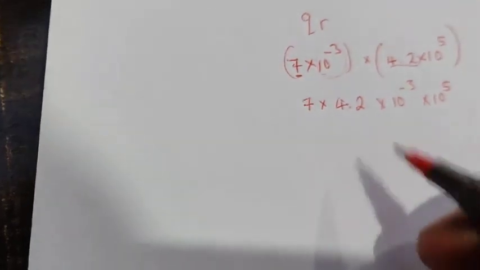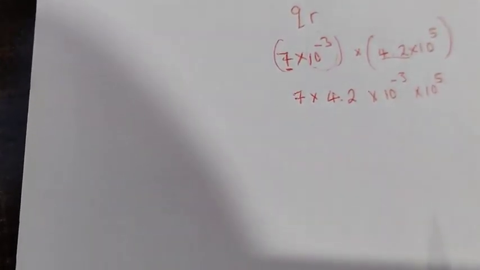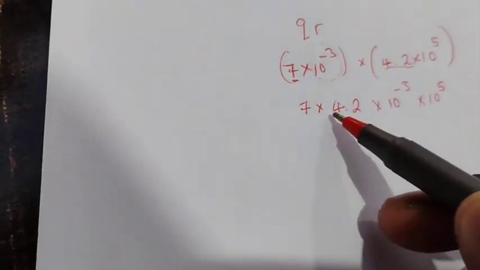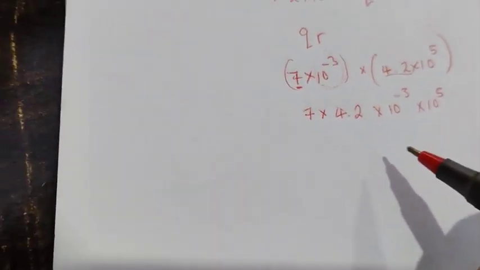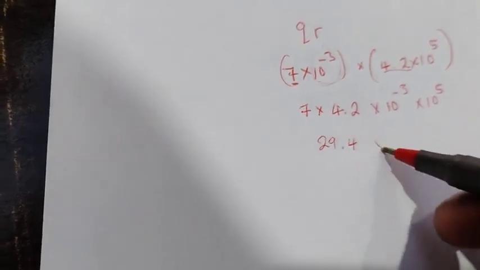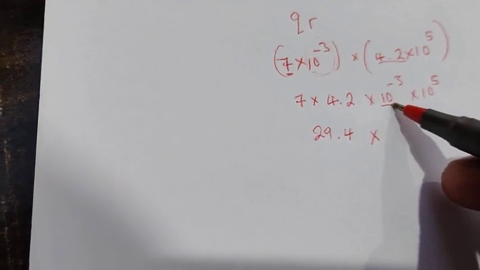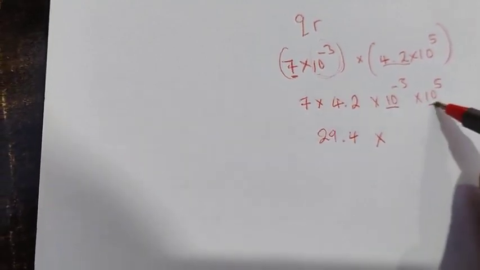So we separate the numbers and those which have the base 10. So 7 times 4.2, that's 29.4, times 10 to the power minus 3 times 10 to the power 5.